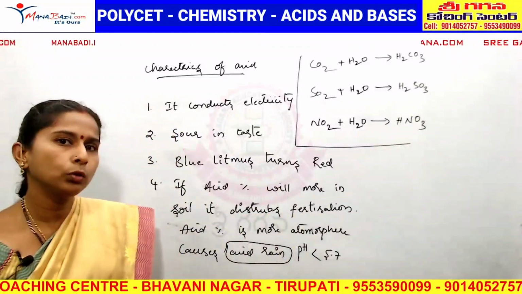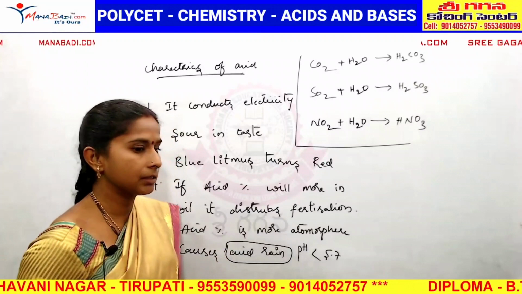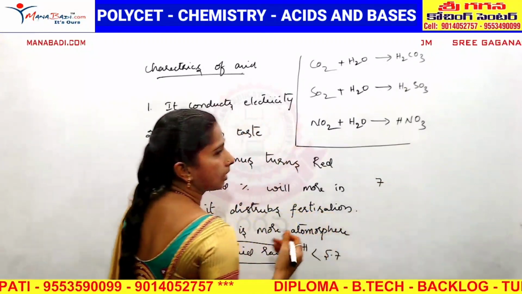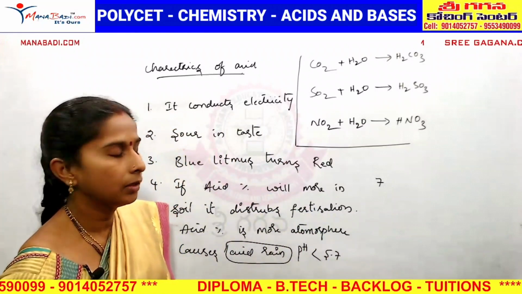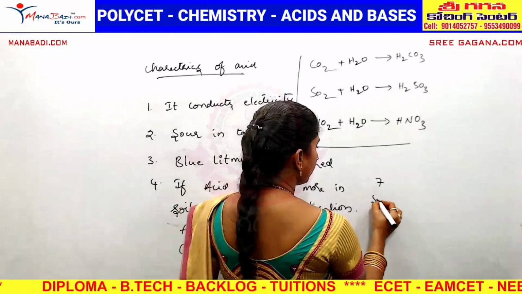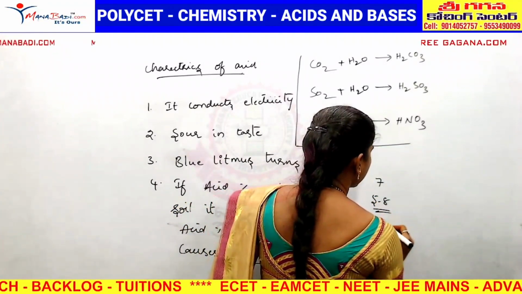Even in our mouth also, pH level below 7 means that is acid. Acid content is more in our body. If pH is less than 5.8 in our mouth, it causes tooth decay.